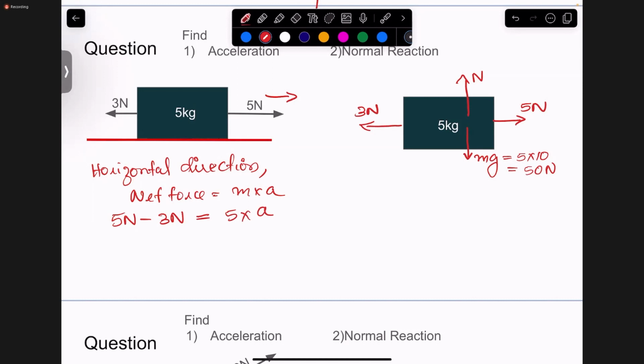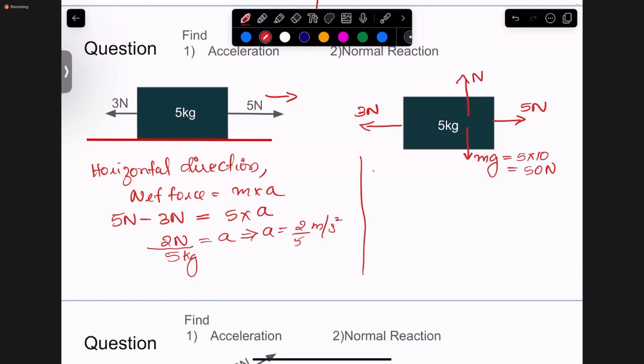So you can see here, it's 2 Newton. 2 by 5 equals a, with mass 5 kg. So a equals 2 by 5 meter per second square.